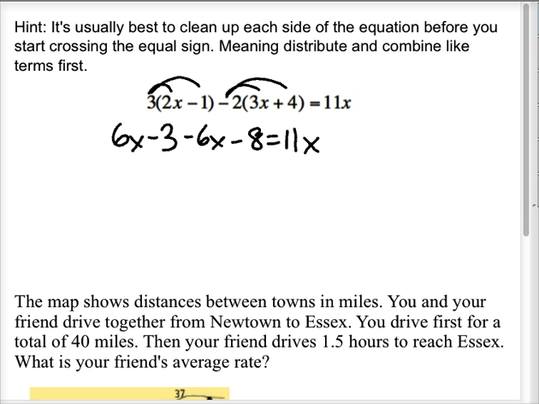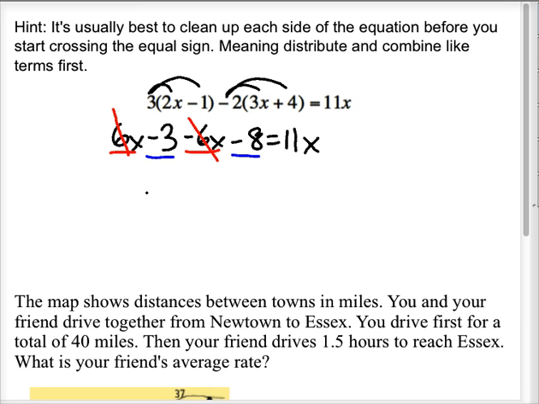Now, it's not quite cleaned up yet. That left-hand side of my equation can still be cleaned up even more, because look at this. 6x minus 6x. Well, that's actually kind of a neat scenario. 6 minus 6, done, gone. -3 minus 8.